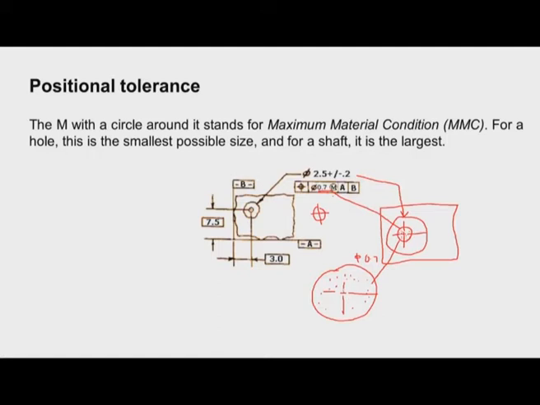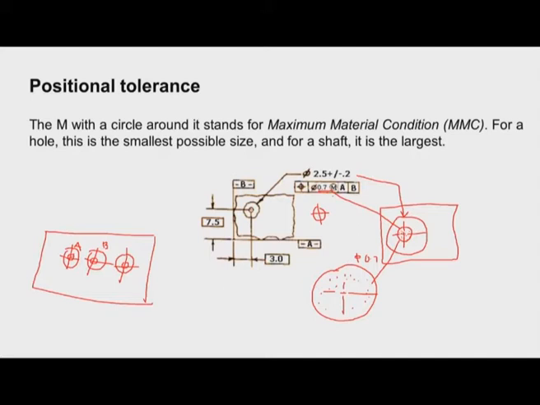Now because of this, say we have some patterns like this. We have to drill, say, 3 holes. Because the center will vary, this is the center for hole A, and this is the center for hole B. We have the positional tolerance for hole A, for B, and similarly for C. The center can vary anywhere here.